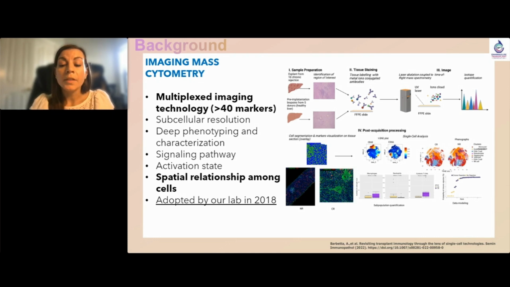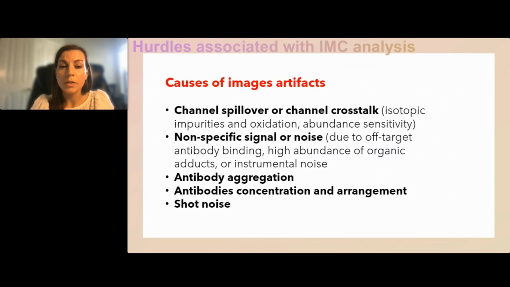However, there are some cons associated with imaging mass cytometry and in general all multiplex imaging technologies that are related to image artifacts. In particular, those are due to channel spillover, noise, antibody aggregation, shot noise, and in general, they are due to antibody concentration and arrangements.